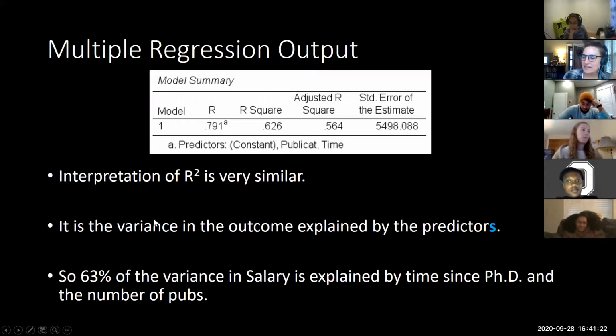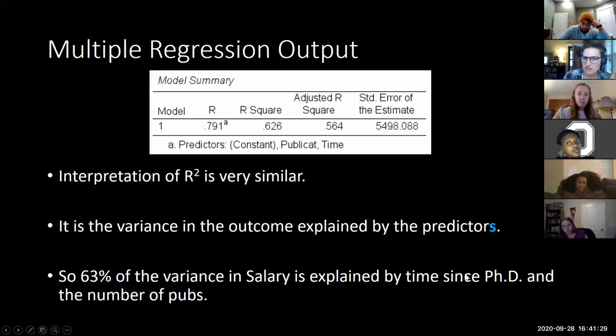So this is saying that 63% of the variance in salary is explained by the time since PhD and the number of publications. You still pull the same number, but the difference is that you include both of these predictors in this model. So you say both time from PhD and number of publications.